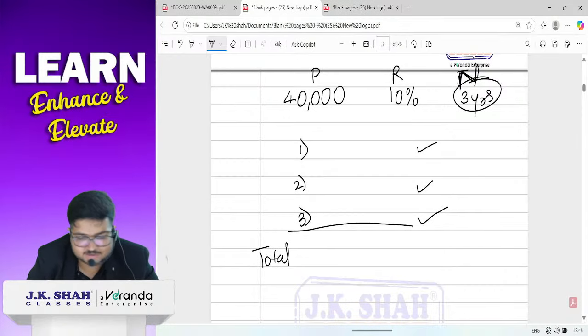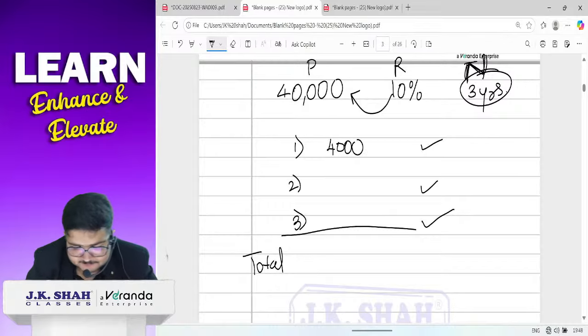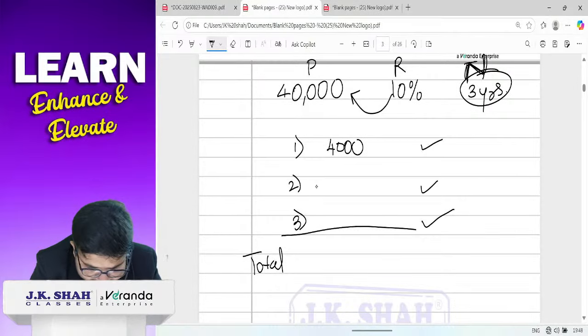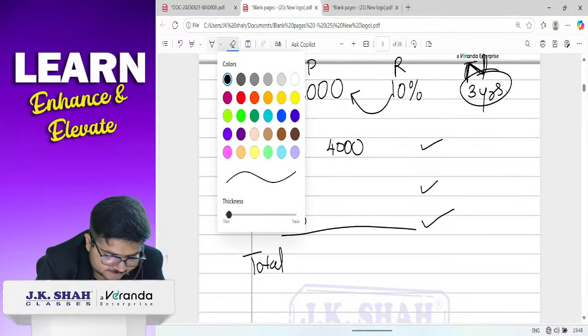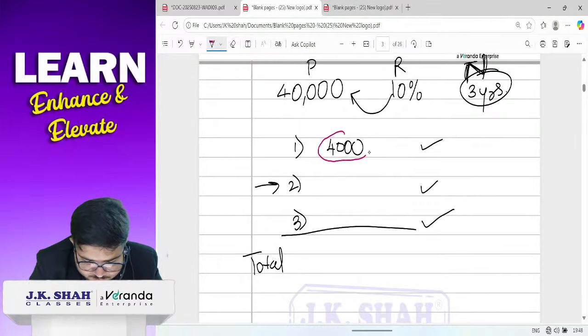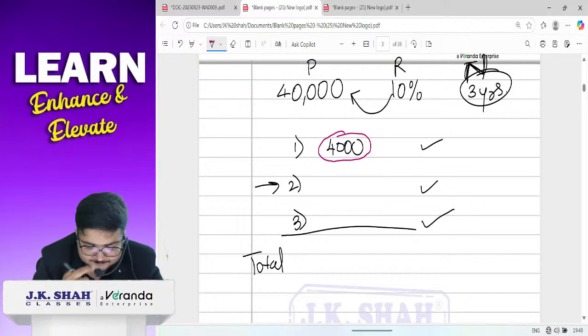For the first year, the calculation of compound interest is very easy. For the first year, he will get 10% of 40,000, that is 4,000. Sir, how to calculate the second year's compound interest? For calculating that, you will use this 4,000.